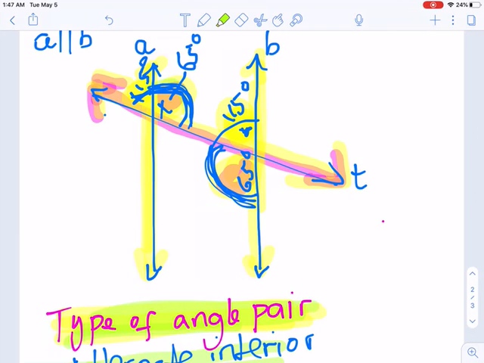Even though I knew that these are alternate interior, I used the linear pair here to prove it. I found this angle using linear pair, then I used corresponding angle to find this one, and then I used the linear pair between both of them to prove that X is actually 65. This is what you're going to do in the next couple of slides.